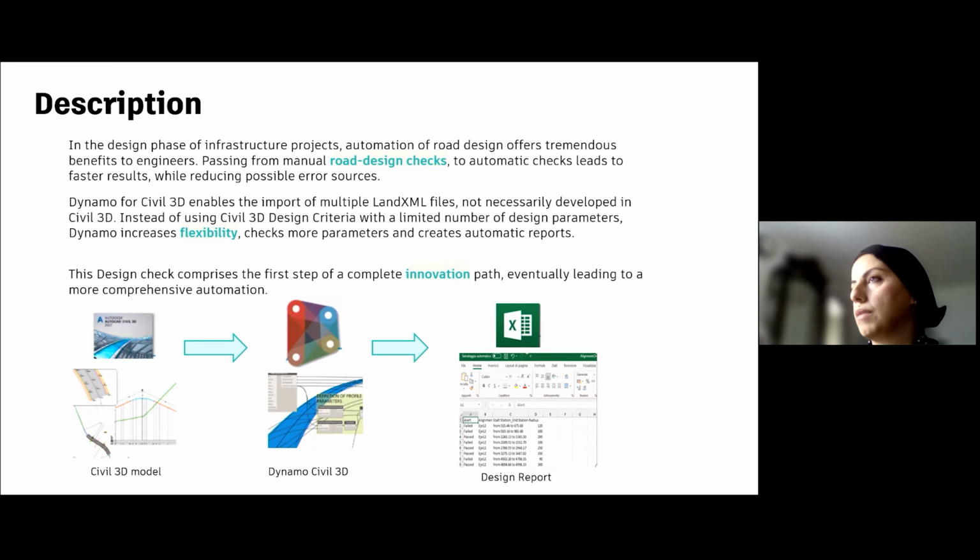Instead of using Civil 3D design criteria with a limited number of design parameters, Dynamo can increase flexibility. We can check more parameters and create automatic reports. This design check comprises the first step of a complete innovation path, eventually leading to a more comprehensive automation. Next slide, please.